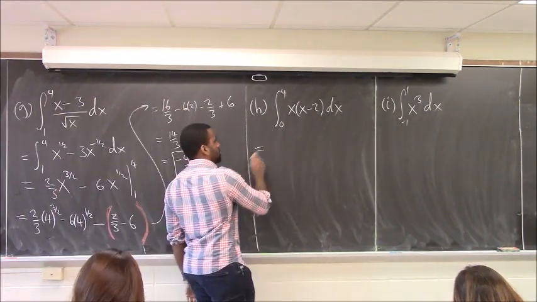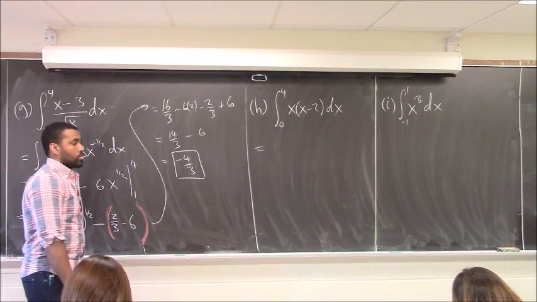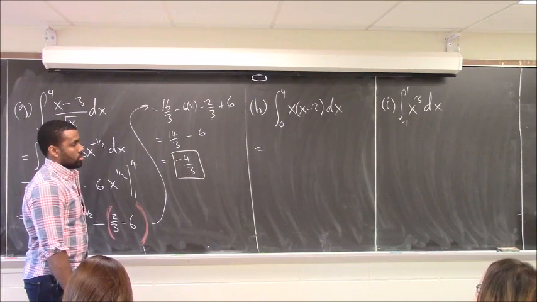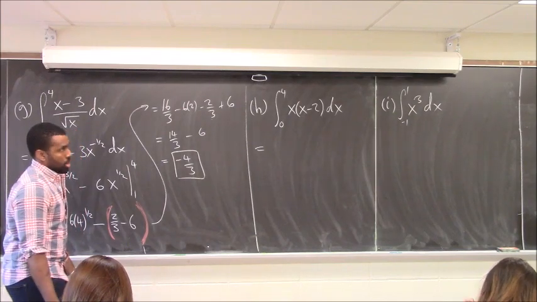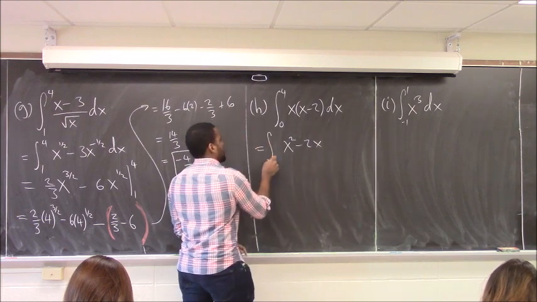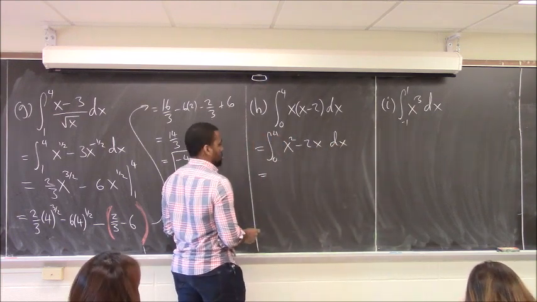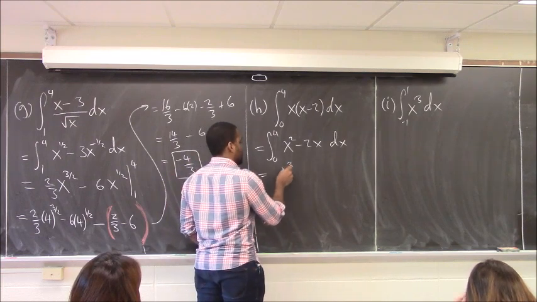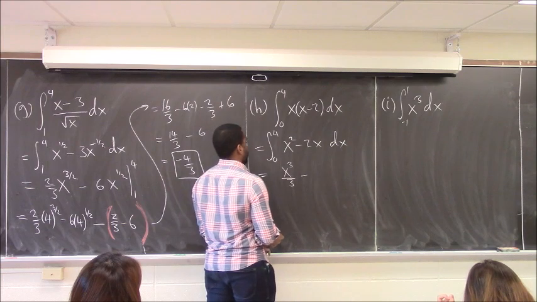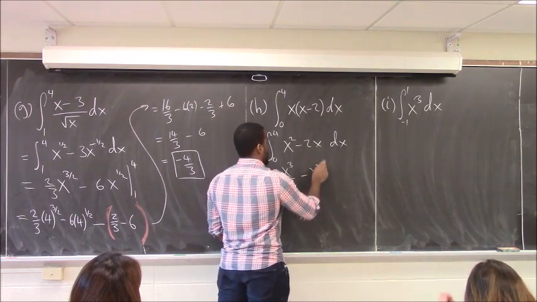What about this one? Distribute the x. x squared minus 2x, the antiderivative of that, and for x squared, there it comes, x cubed over 3. 2x becomes what? x squared.